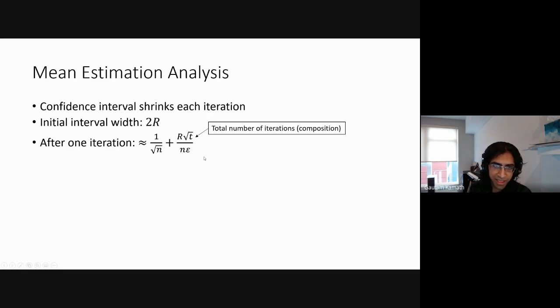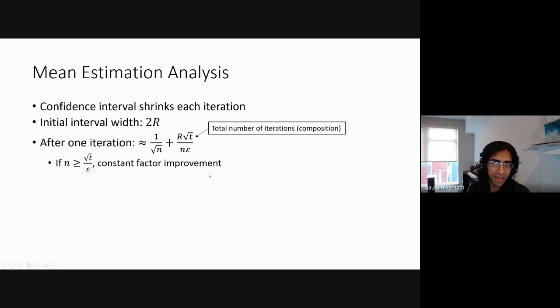So the key thing to observe here is that this is the width of an interval after 1 iteration compared to before. You'll notice that this term is going to be fairly small, so ignore it. But really, we want to compare 2r with this latter term here. And we notice that if we have that n is greater than square root t over epsilon, then we'll make a constant factor improvement.